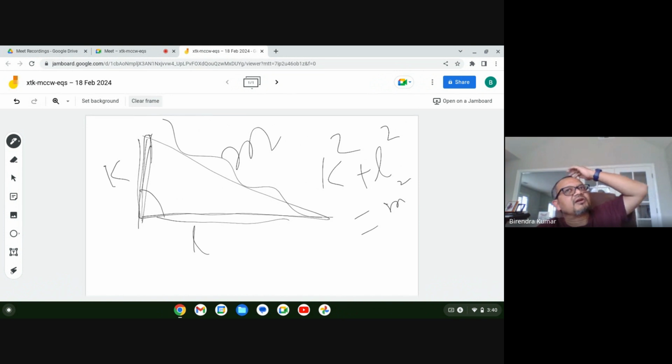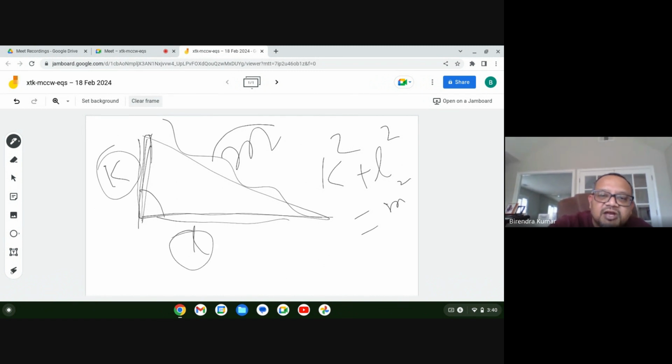Because people tend to remember A square plus B square equals C square, and they forget what is A, what is B, what is C. So that's why I'm trying to make you remember that as per the Pythagorean theorem, the square of the sides that make the 90-degree angle equals the square of the hypotenuse, meaning the side opposite to the right angle. That's the formula. Whether it's ABC, KLM, or XYZ doesn't matter.